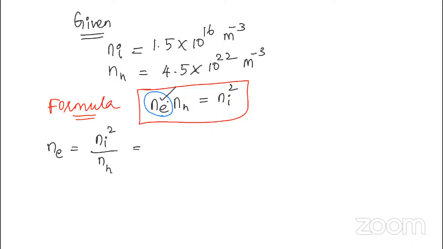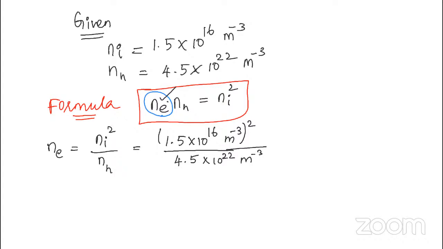So let us now substitute the values for Ni and NH. This is 1.5 into 10 power of 16 meter power minus 3, the whole square, divided by 4.5 into 10 power of 22 meter power minus 3. In that problem we have clearly noticed that there is a square.